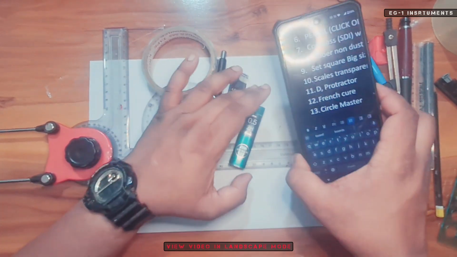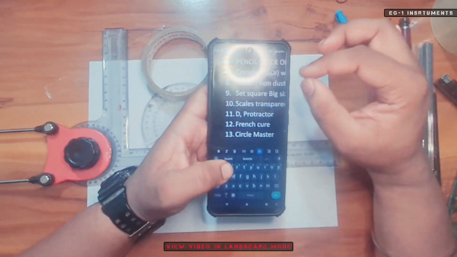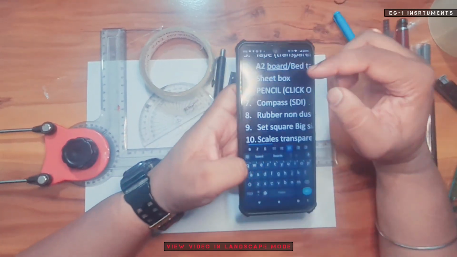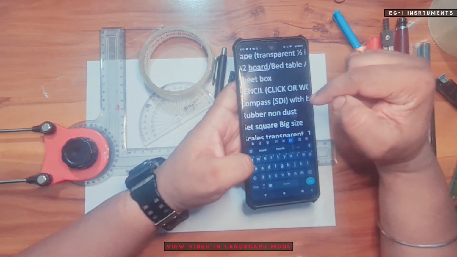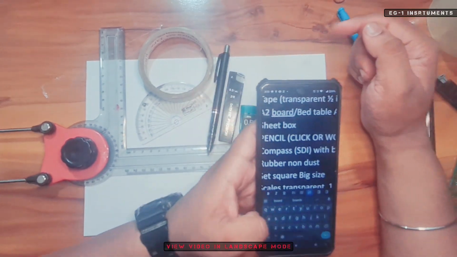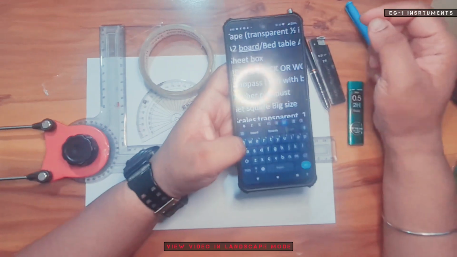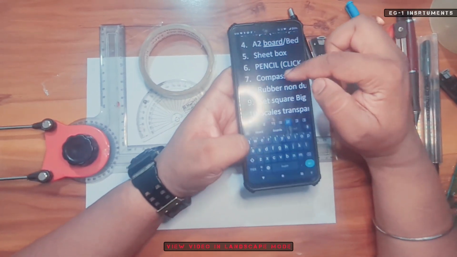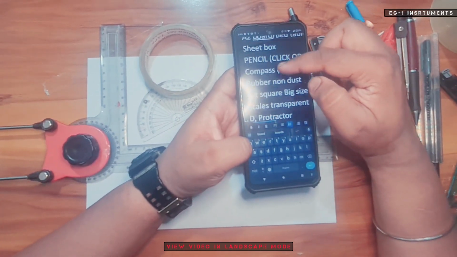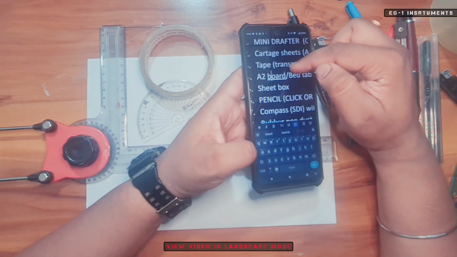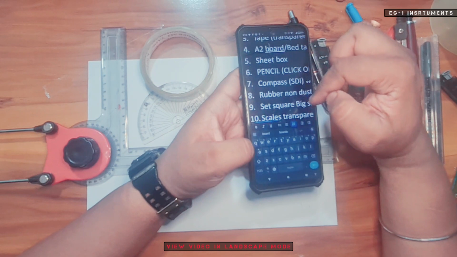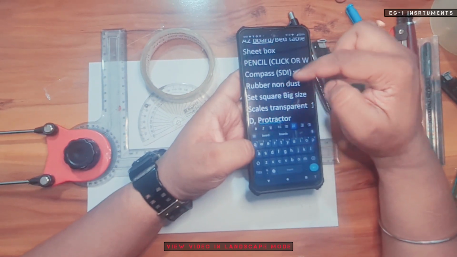And that's all. One other thing is the rubber. You must have a non-dust rubber. I don't have one at this time because I am going to explain everything using a pen. You must have seen the non-dust rubber from Apsara.